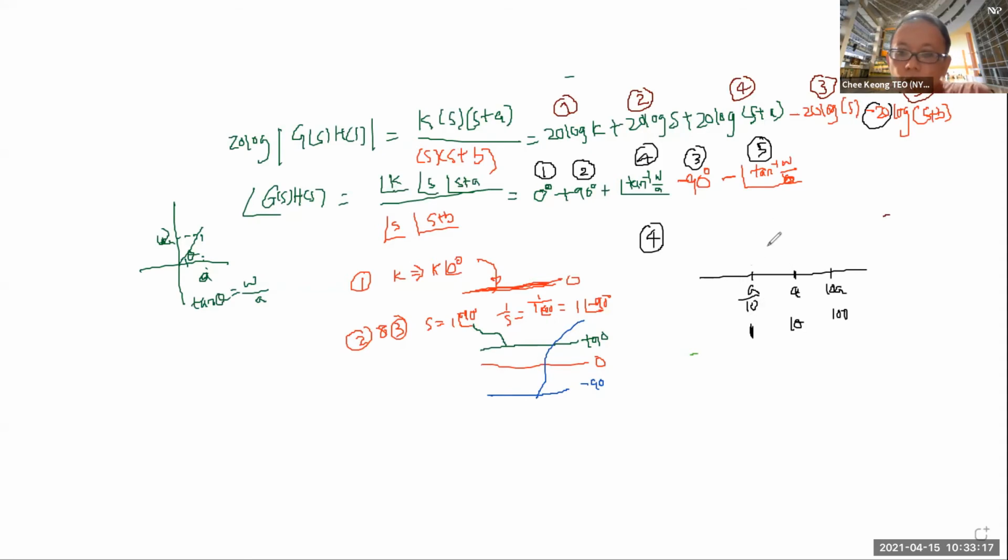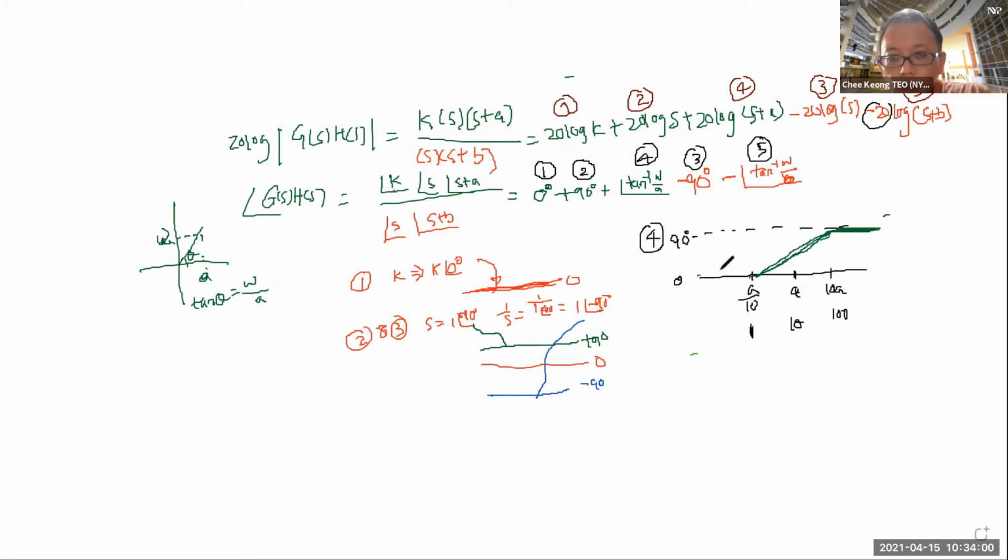For any pole and zero, the net shift of the phase will always be from its origin to 90 degrees. Any zero on the numerator, you always shift up to 90 degrees, right? So for form 4, which is S plus A at the numerator, you would have a shift up. Shift up, meaning what? It will shift up by 90 degrees all the way up to here, and it stops when it hits 10A, and then you go straight this way.